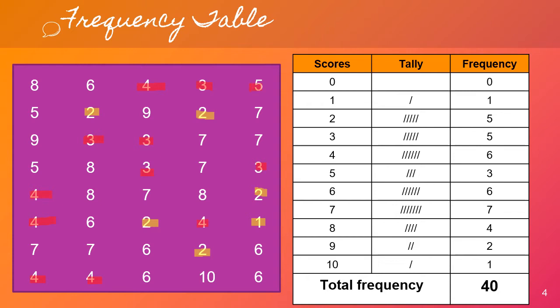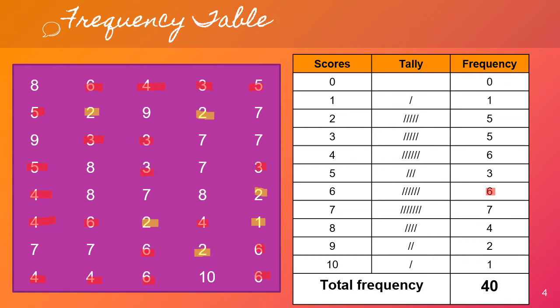We have 1, 2, 3. So in 5, we have 3. Next, 6. We tally 1, 2, 3, 4, 5, 6. So the frequency of 6 is 6.